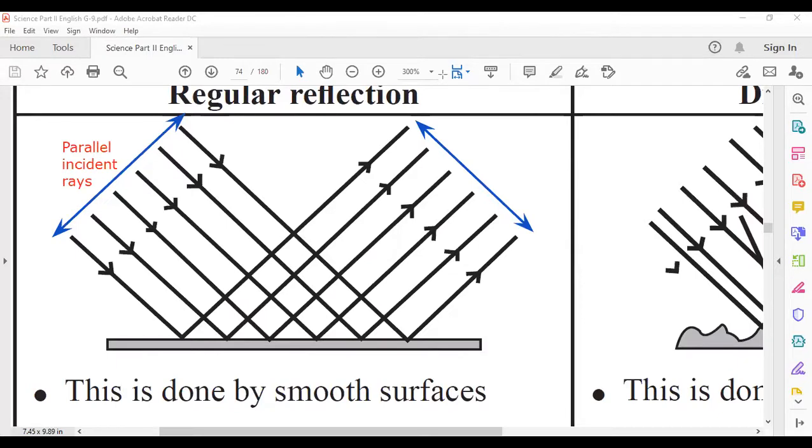Parallel reflecting rays. Parallel reflecting rays.